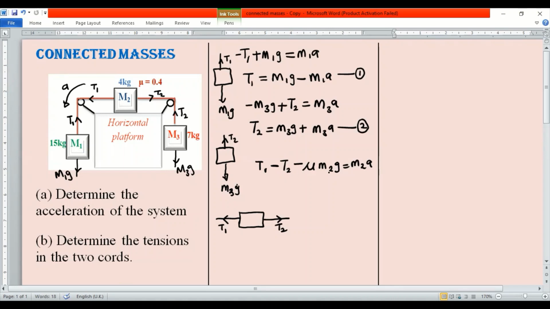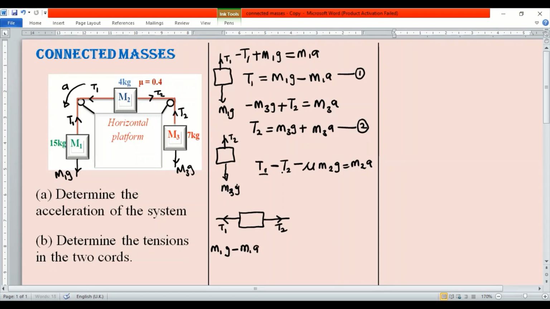Now, to solve for our acceleration, we can substitute equation 1 for T1 here, and equation 2 for T2, to get an expression for acceleration. So for T1, I can write M1G minus M1A.